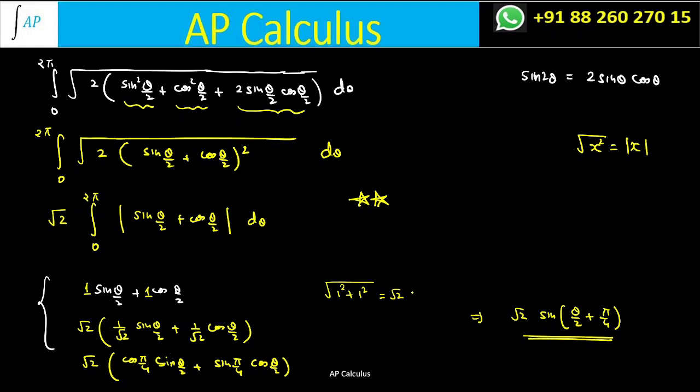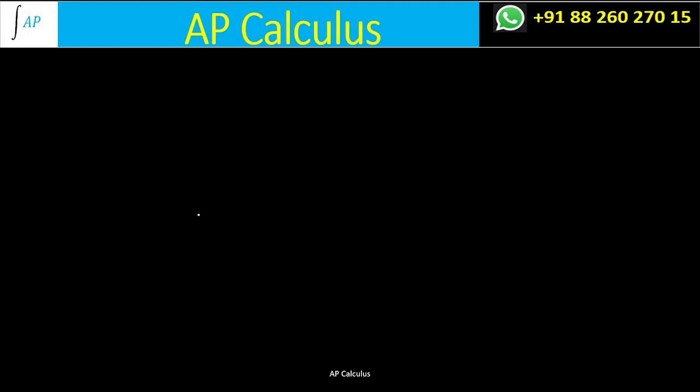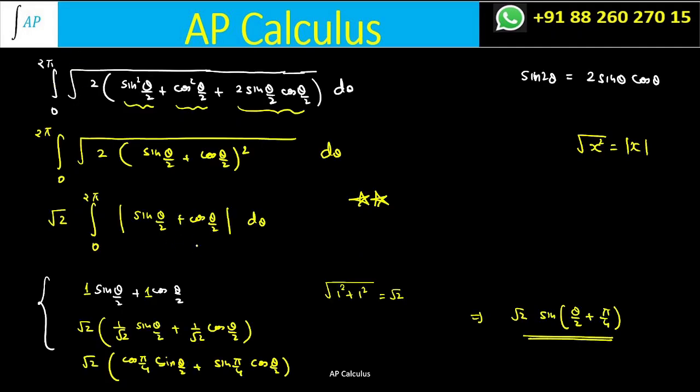Now we will see where this is getting 0, because this is the absolute value inside this. So we'll see how this is getting converted into 0. That's the most important part over here. Now let's see that thing. So we'll say now this question has been converted like this: square root of 2, integral from 0 to 2 pi, the absolute value of this part, square root of 2 sine of theta by 2 plus pi by 4.